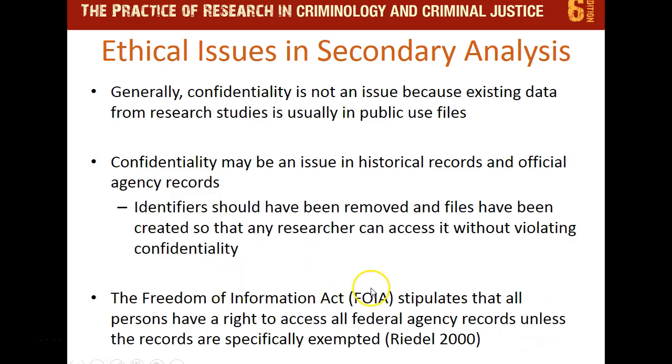The Freedom of Information Act stipulates that all persons have a right to access all federal agency records unless those records are specifically exempted. So any agency record that's out there, you have a right to get to, unless, like I said, it is exempted.